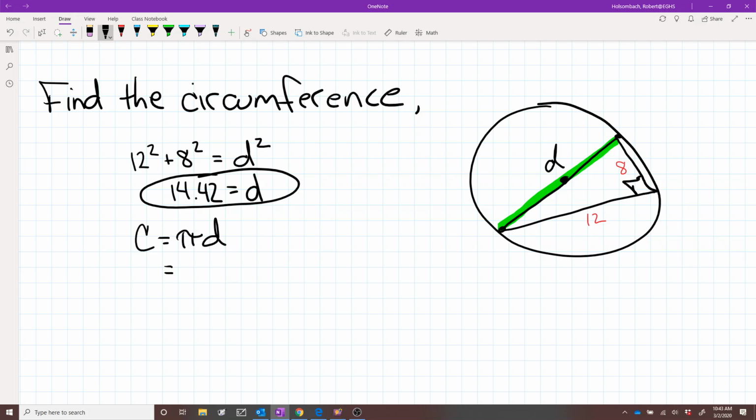So this circumference is going to be 14.42 pi. With this number sitting on your calculator, push times the pi button and hit equals. Your screen should say 45.31. So there is your circumference, using the Pythagorean theorem to find the diameter.